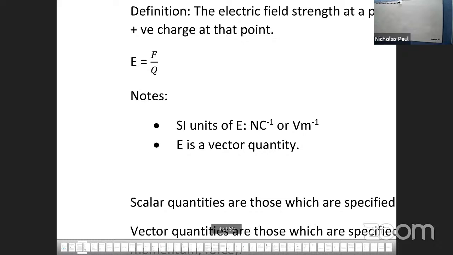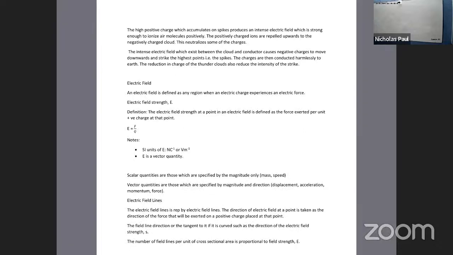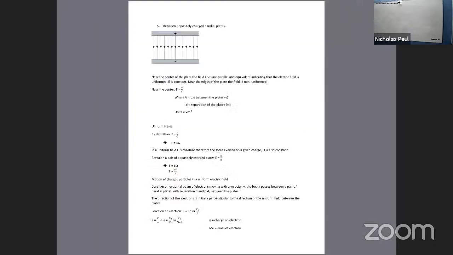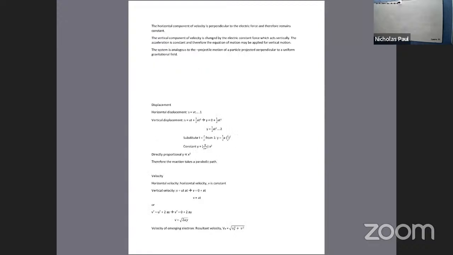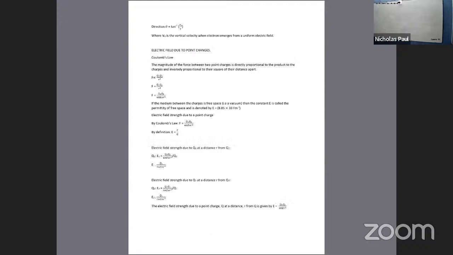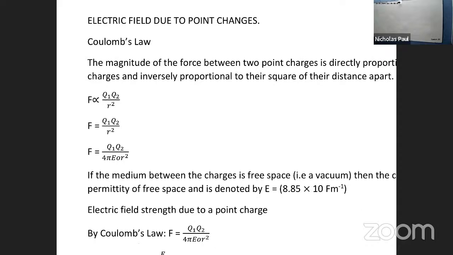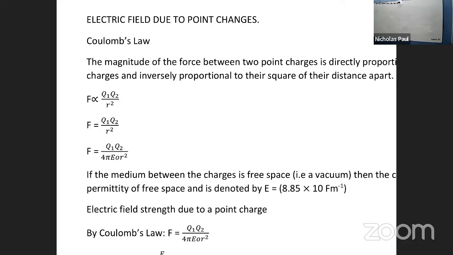And then we also looked at finding the force between two charges. And we said that the force was proportional to the product of the charges and inversely proportional to the square of the separation. And then we came up with this nice little formula here.